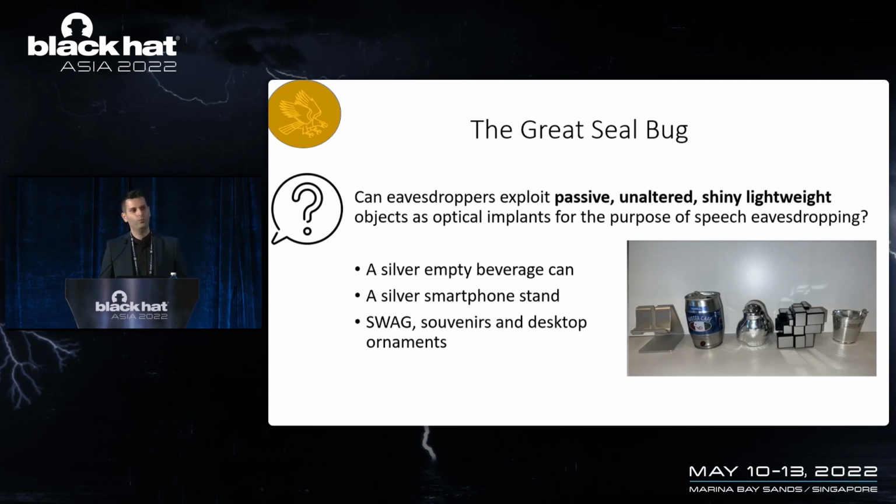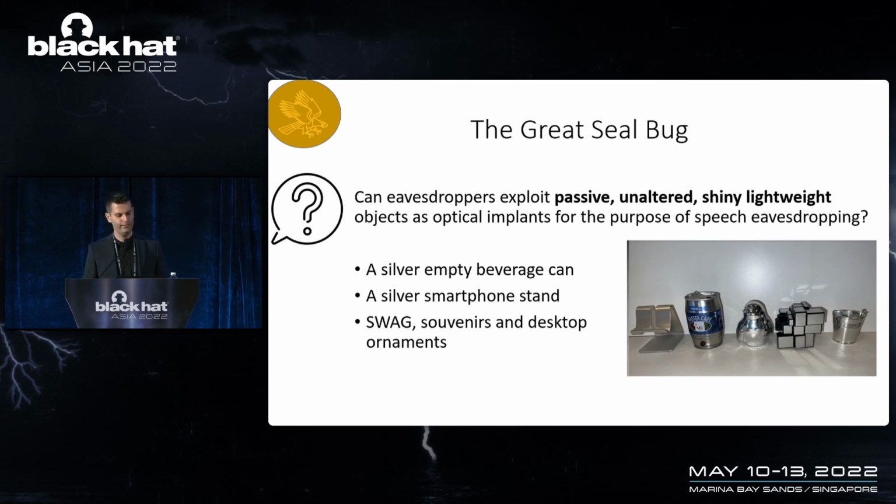Now, just before I ask you another question, I want you to have a look at the picture on the right side of the screen. As you can see, these are a very interesting type of objects. They're all passive, unaltered, shiny, and lightweight.